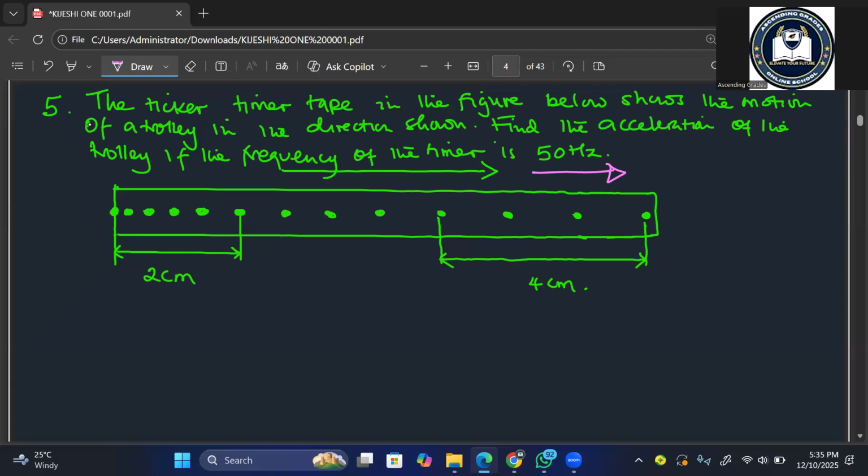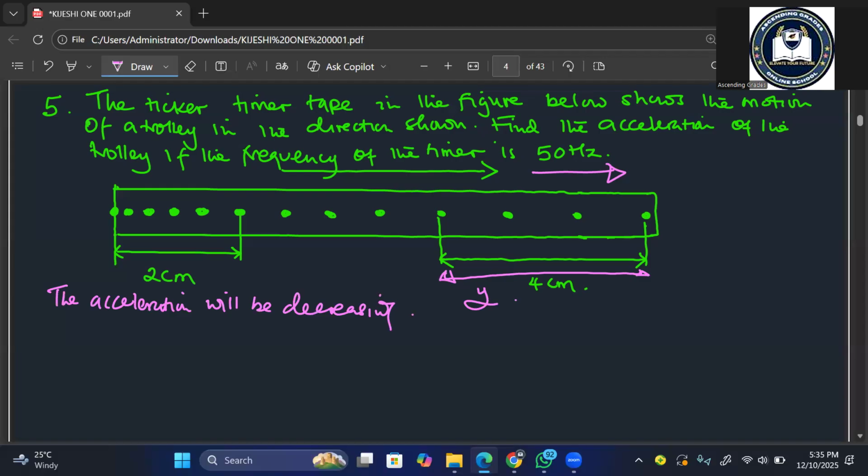And therefore, our initial velocity, then we shall use these parts. So we can call it to be maybe part Y. So the acceleration will be decreasing.